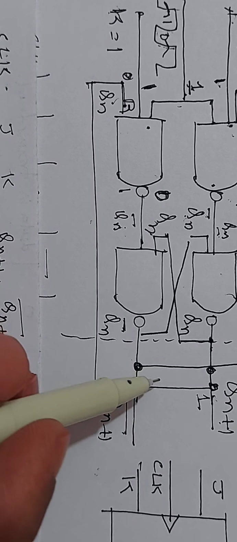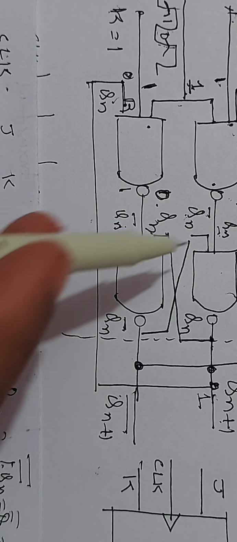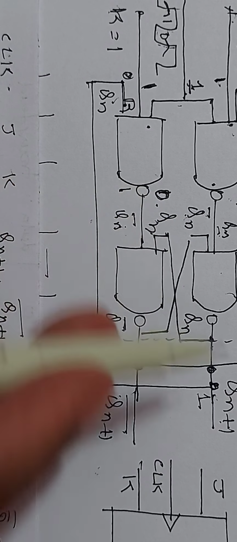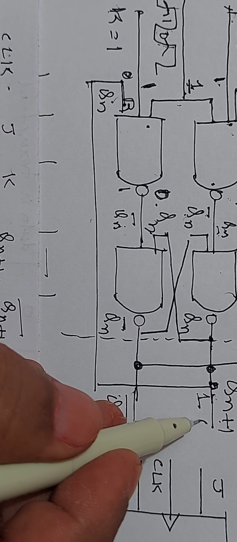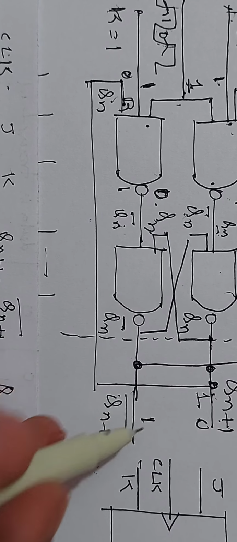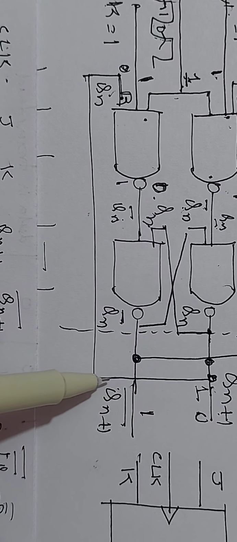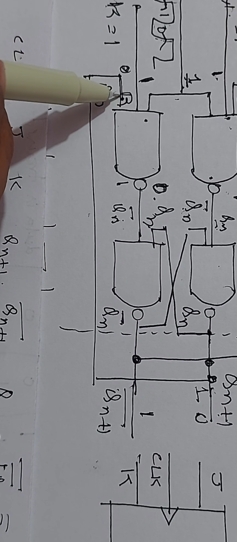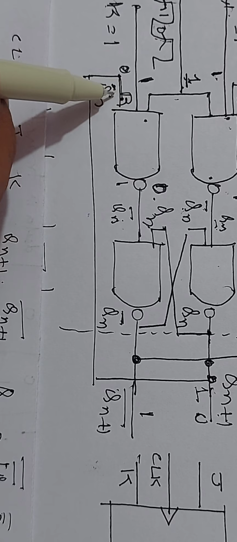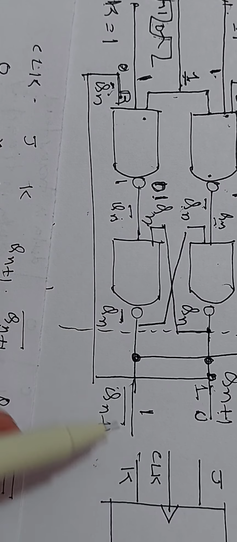Next, when this becomes 0 and this is 1, we know that when this is 1, this is 0, output is, this becomes 0 and this becomes 1. Now, this 0 is fed back here. So, one of the NAND gate inputs is 0. Therefore, now the output of this becomes 1.